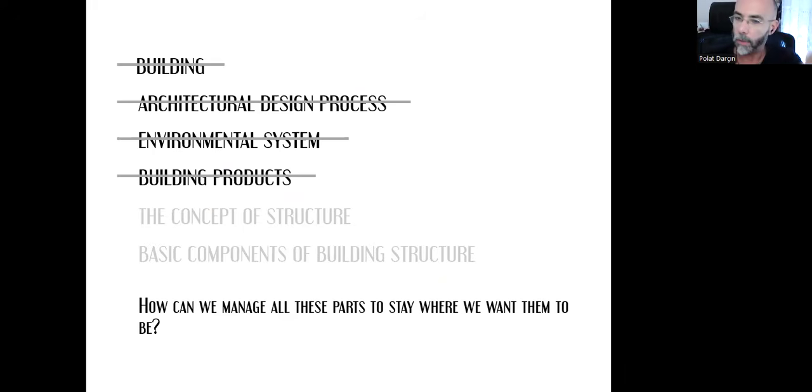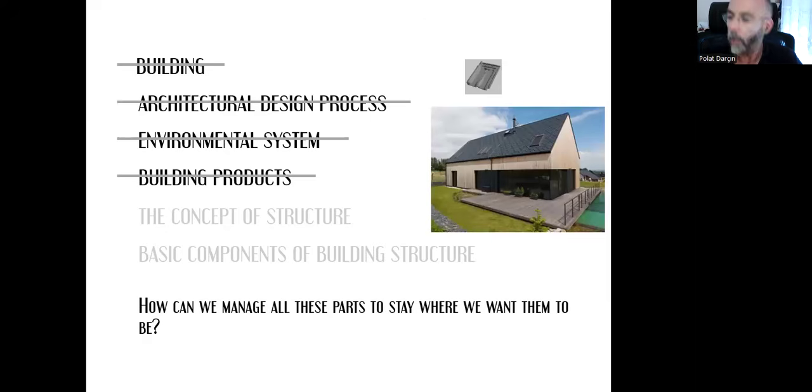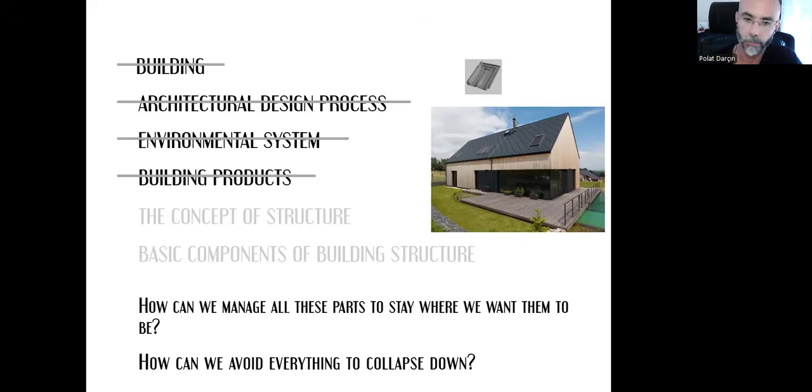How can we manage all these different parts to stay where we want them to be? We put them and we want them to stay there. We don't want them to fall down. We don't want them to collapse down. We don't want them to lose their form.